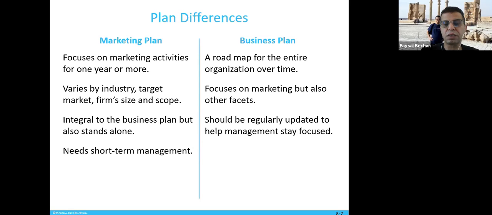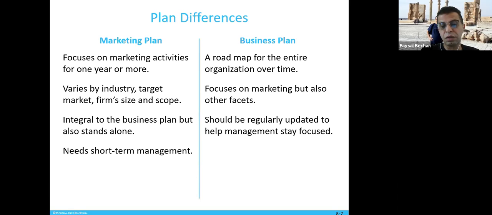It varies by industry, target, firm size, and scope. One industry is different from other industries. The size of the market, the scope, all these things make differences in your marketing plan.